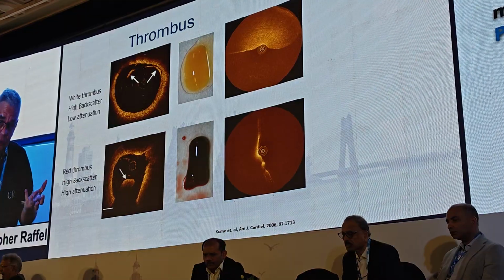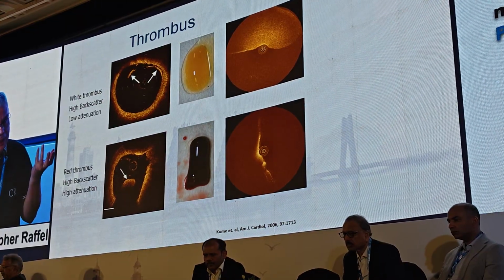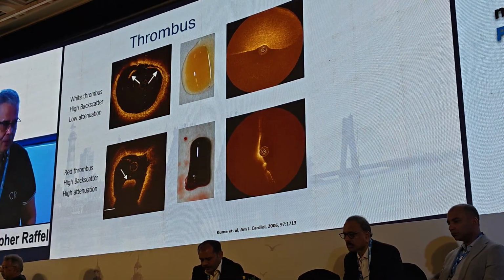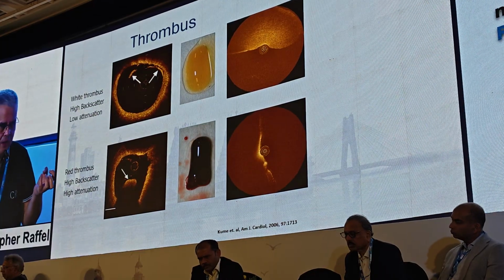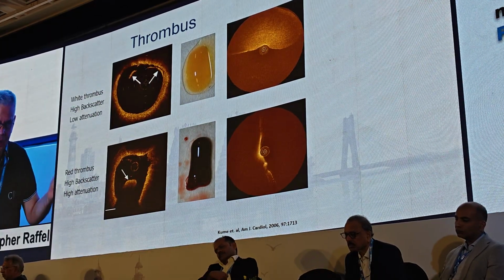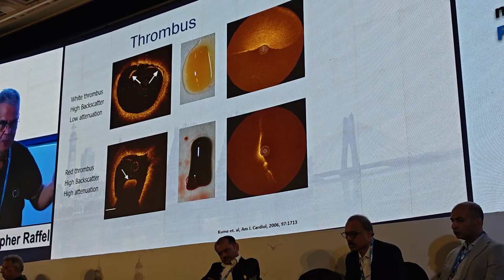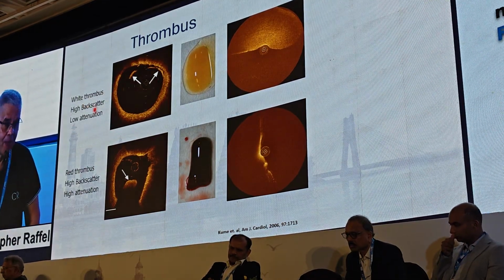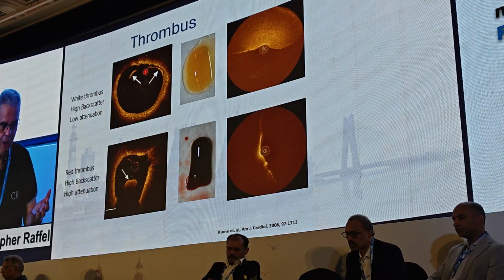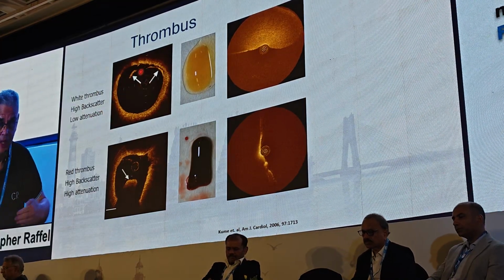You can also see thrombus, which sometimes is clinically important. You have a stent which keeps clotting, and if it looks like red thrombus or white thrombus, you can then decide: do you want a 2B3A inhibitor, or do you have to give more heparin? So white thrombus is high backscatter, which is bright, and low attenuation, so it's bright throughout.